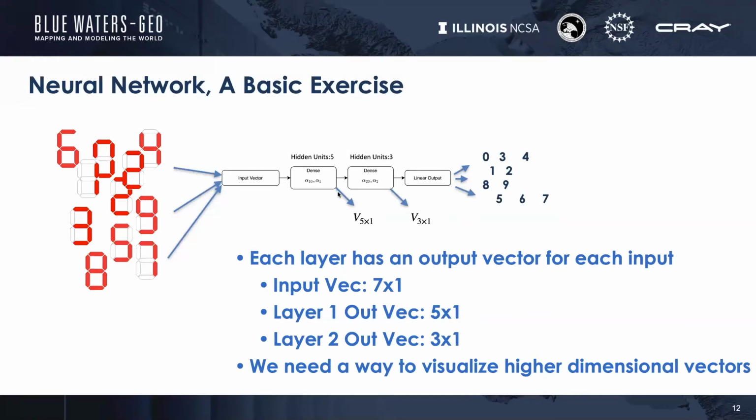The output of each of these layers is another vector that has some dimensionality that we choose based on the hidden units. So perhaps we take a numeral 4 as input, and we do the arithmetic to move that data through the first layer, and its output is a vector that's a 5-dimensional vector.